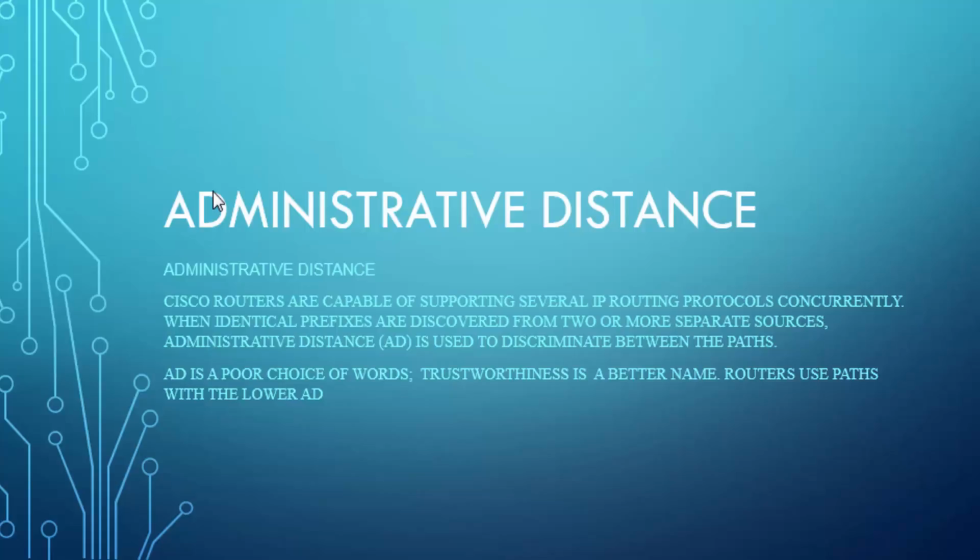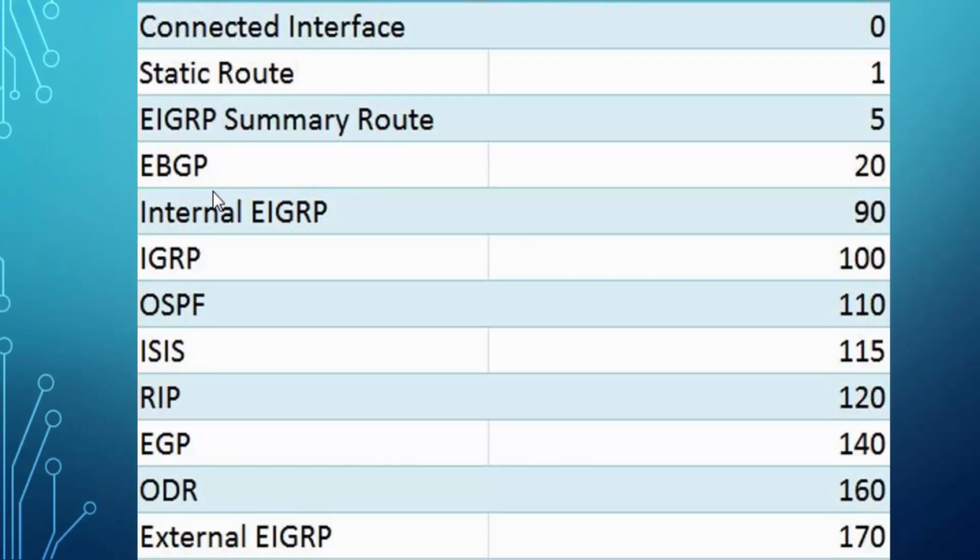And I want you to remember this guy. Use the path with the lower AD, administrative distance. The numbers on the right are going to be the administrative distances that we are going to see. And I don't want you to get very confused with that.